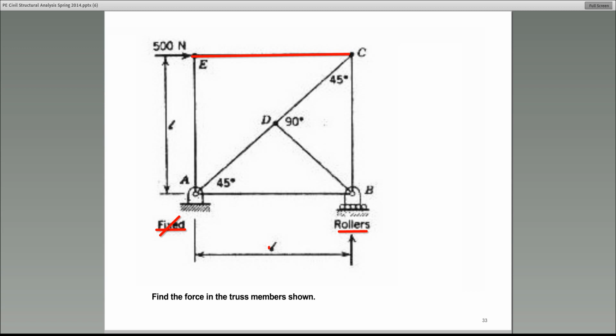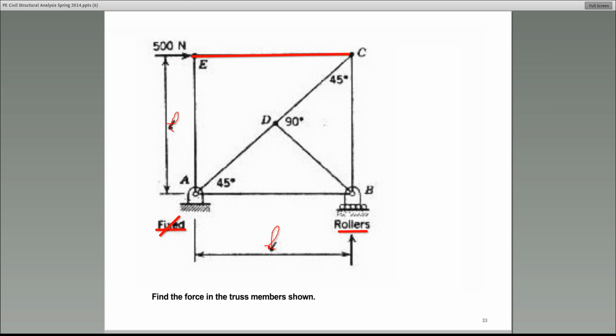This is supposed to be an L, but it really doesn't matter. That's an L, this is an L. You can call that Bob. It doesn't matter. AB and AE are equal. All right? So you can give it any dimensions you want as long as they're equal. That's what this problem is about.